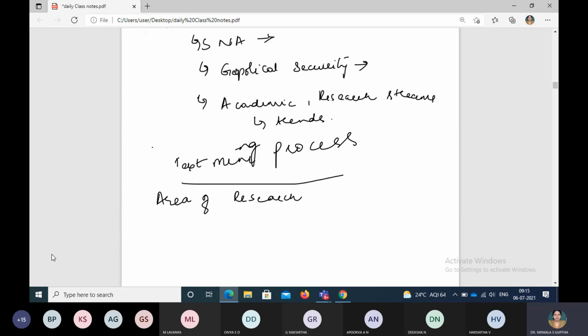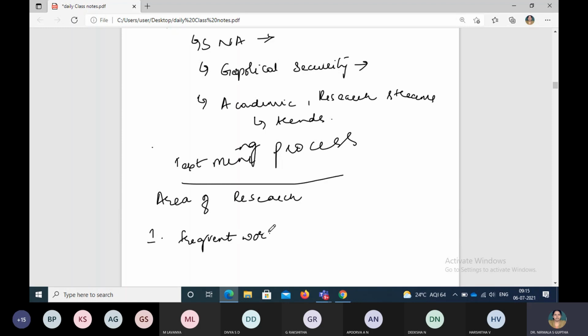So the first level of analysis in the process of text mining is to identify the frequent words. This is one thing you need to understand.